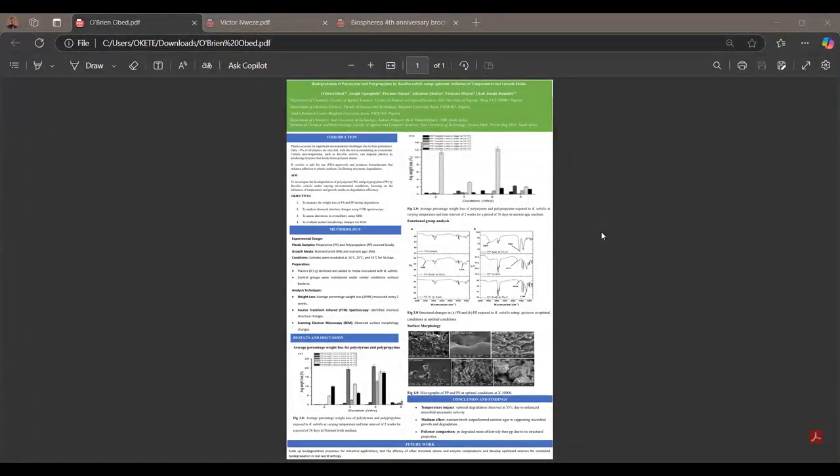And the lowest weight loss was observed at 15 degrees. In the second figure, for the weight loss in nutrient agar, you can also see that the higher weight loss was observed at 25 degrees, while the lowest weight loss was observed at around 15 degrees also. So this shows that the higher the temperature, the higher the weight loss of both polymers.